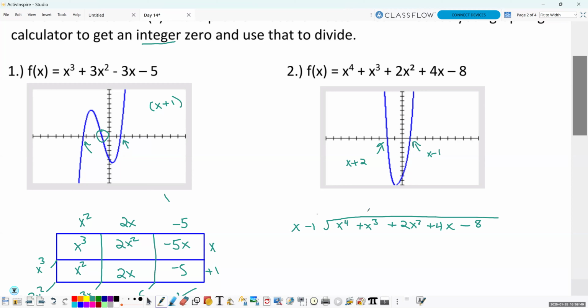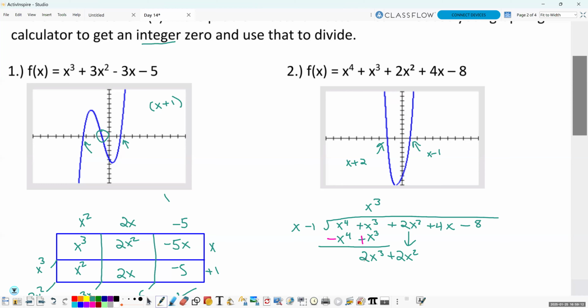So I've got x to the fourth divided by x is x cubed. x cubed times x cubed times -1. Subtract and bring down. So now we're going to have 2x cubed plus 2x squared.